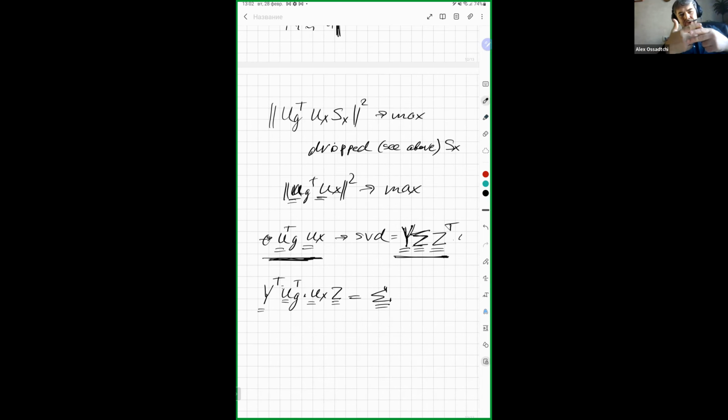But this configuration maximizes the possible overlap between each of these basis vectors. Okay. And then these diagonal elements will tell you basically the amount to which you were able to tune, to adjust one subspace to another subspace.